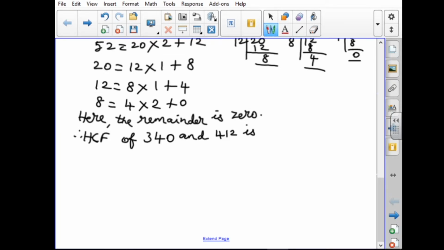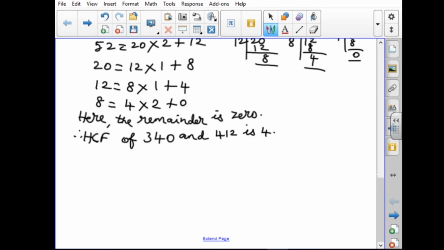Now we have to get the remainder 0, but we need what? HCF. HCF means which step we are getting that remainder is 0. In the same step, you have to see what our divisor is. Remainder is 0 means the 4 only will be the divisor. The divisor only will be the HCF. So HCF of 340 and 412 is 4.